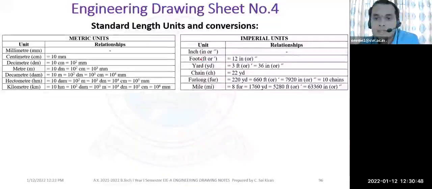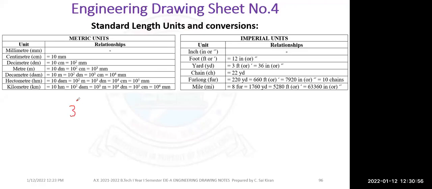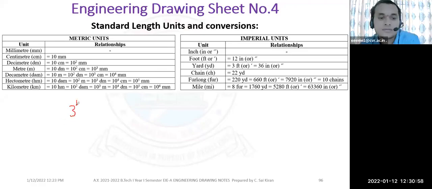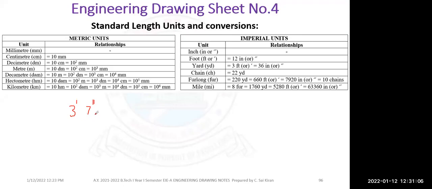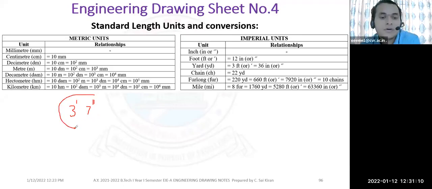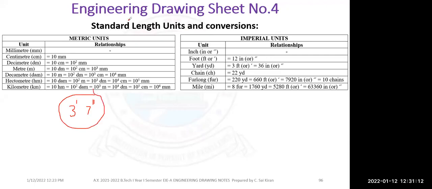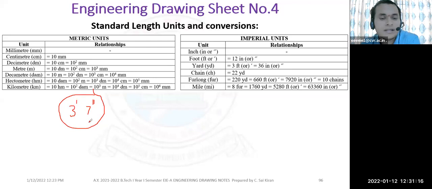So one person asks, what is FT or hyphen? So generally what we do is, whenever we are measuring the units, I can write 3 and this symbol. It means that it is 3 feet. Whenever I want to represent 3 feet 7 inches, I'll write 3 feet and 7 inches with these symbols. So these are the symbols we follow for writing the value.